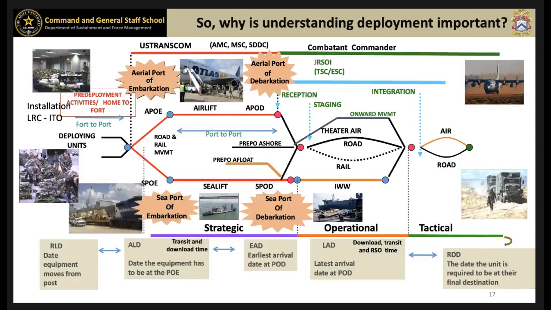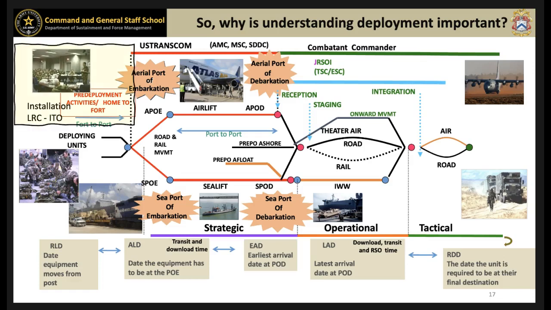This diagram illustrates the deployment process, detailing how troops and equipment move from their home installation to their final tactical destination. Most of what we went over in the previous slides is captured here, along with a few additional details. The process depicted in the diagram is broken down into several key phases.